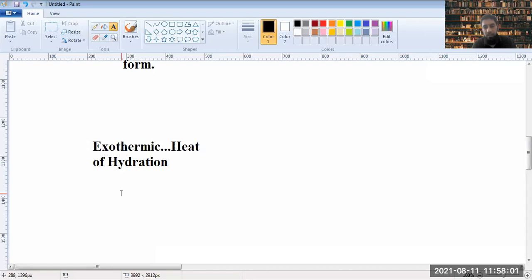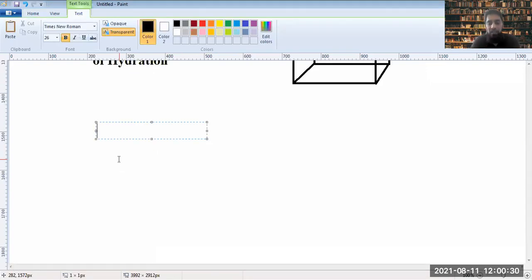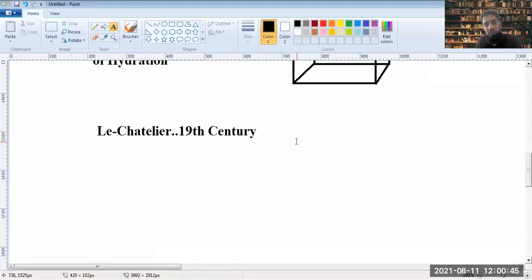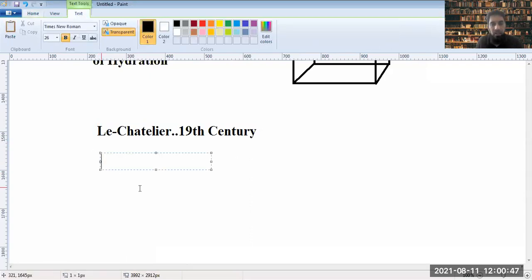Now, you can get the standards that the physical tests have already been performed. तो कितना पानी ऐड करने पे कितनी रिएक्शन होती है और कितनी हीट जनरेट होती है, you can form by Le Chatelier. He performed this experiment to note down the heat of hydration somewhere in the 19th century, some 150, 130 years ago, to note down whether the reactions are happening or not within the cement.